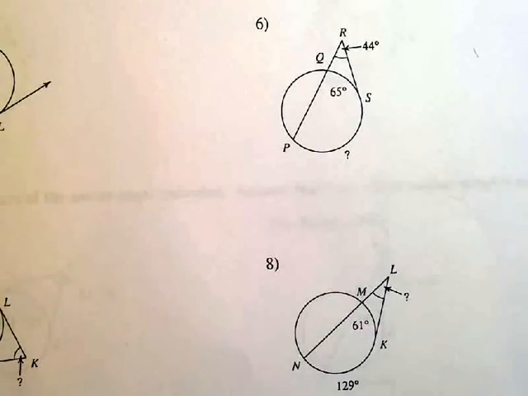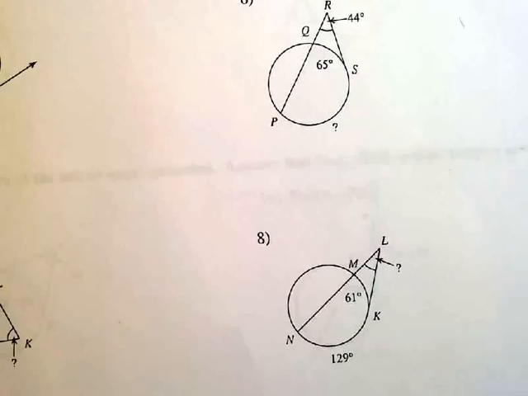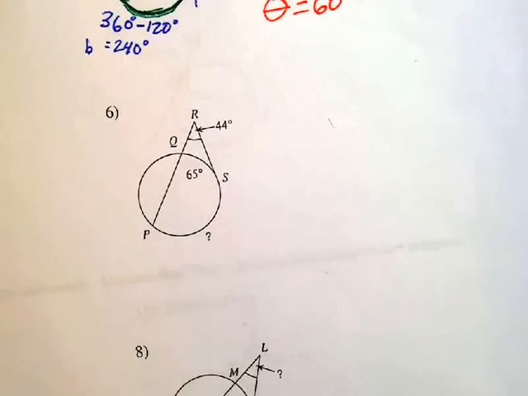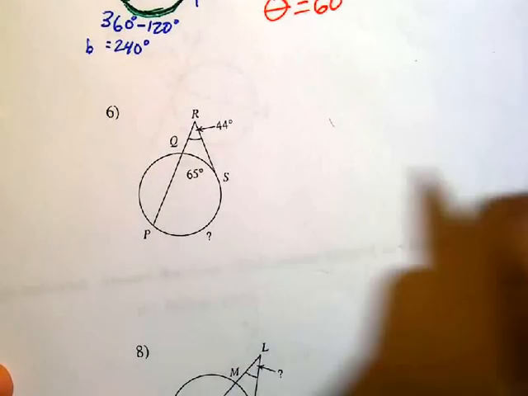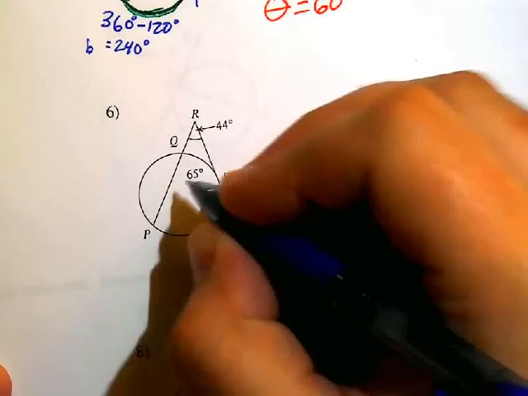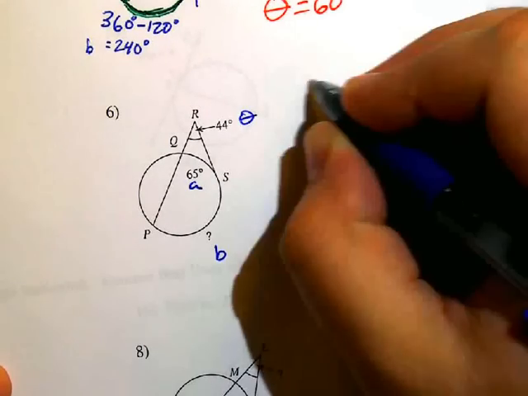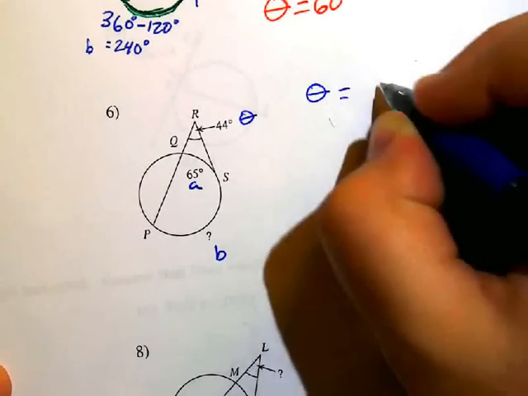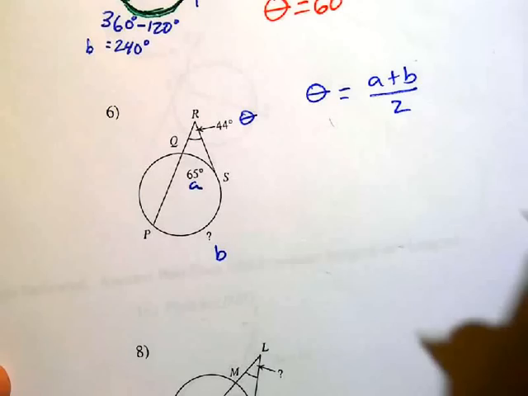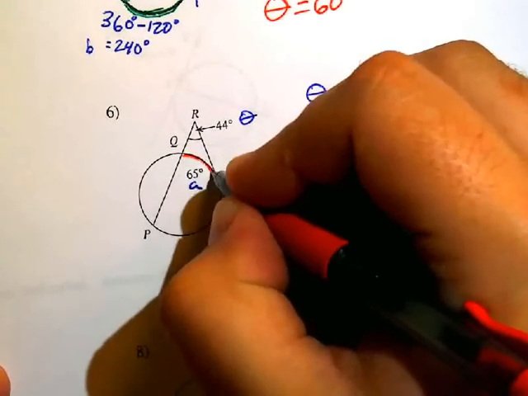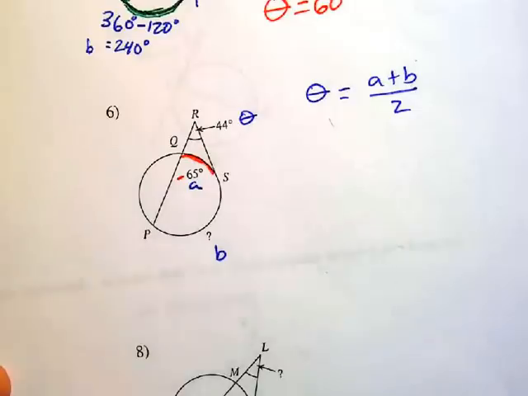All right, just as a bonus to them, since I already worked that problem, number 6 and 8 are very similar, so I'll do number 6. So once again, we've got A, we've got B, and we've got theta, and we have that formula, theta equals the sum of the two divided by 2.